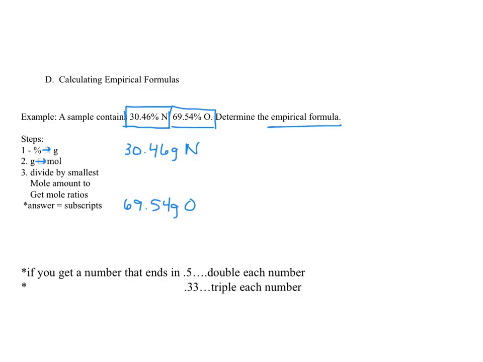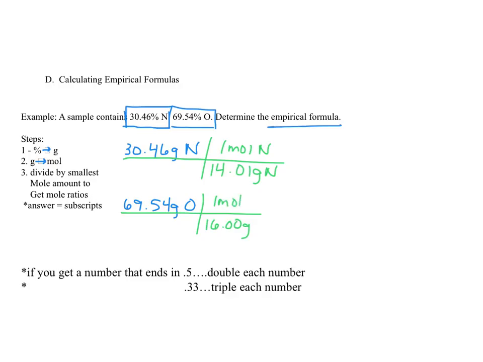Step 2 is to go ahead and convert from grams to moles. So find my molar mass of nitrogen, which is 14.01 grams. Do the same thing with oxygen. That's 16 grams in 1 mole.